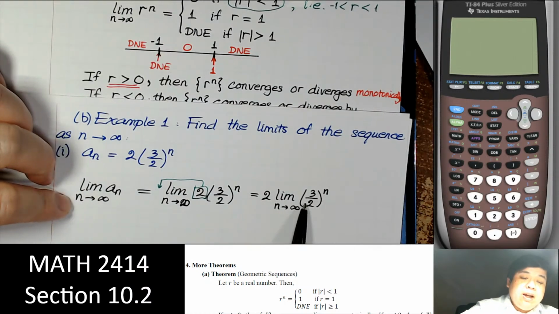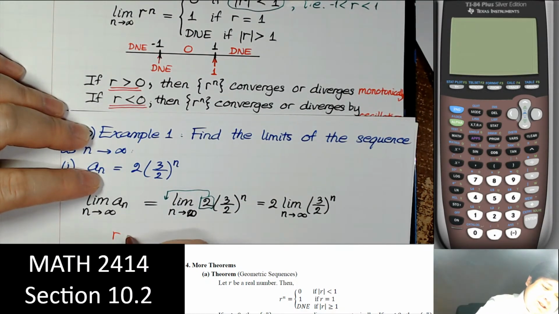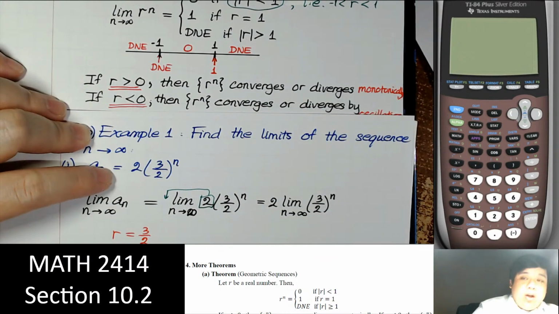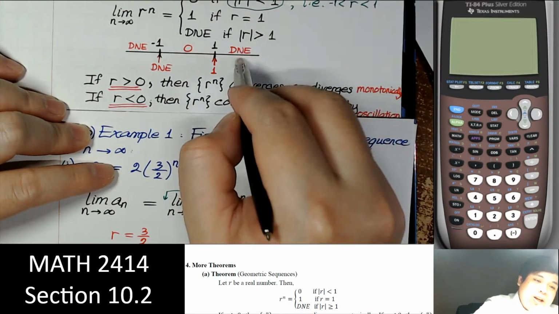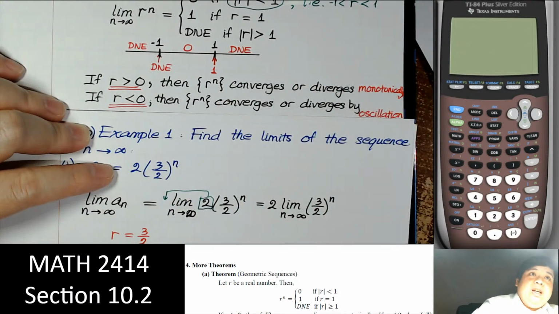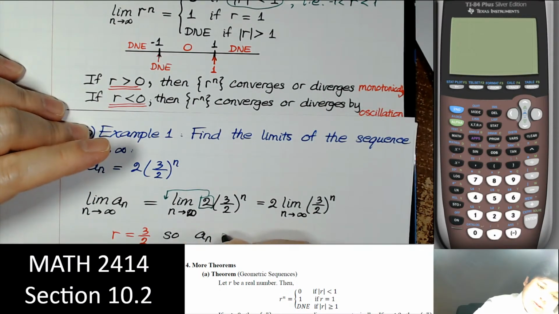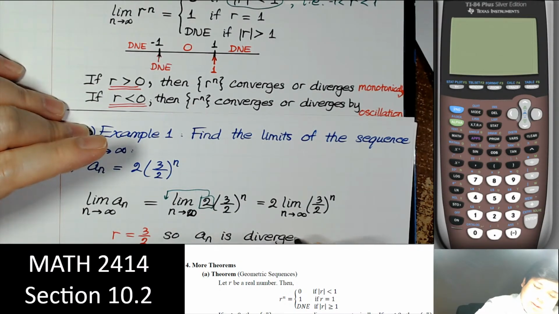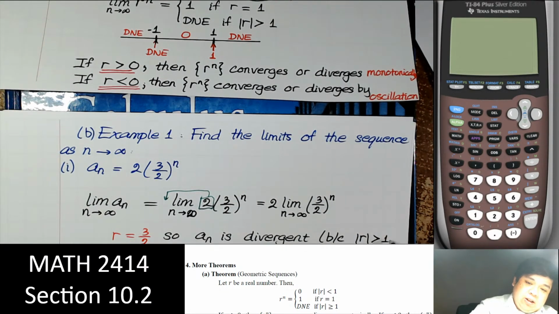Right. Now, for this one, what is r equal to? r equal to 3/2 in this case, right? So it is greater than 1, and it will be divergent, because the absolute value of r is bigger than 1.